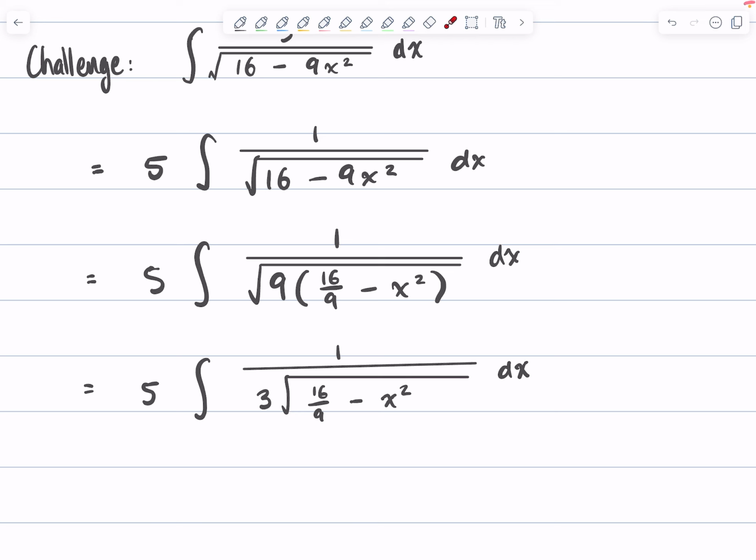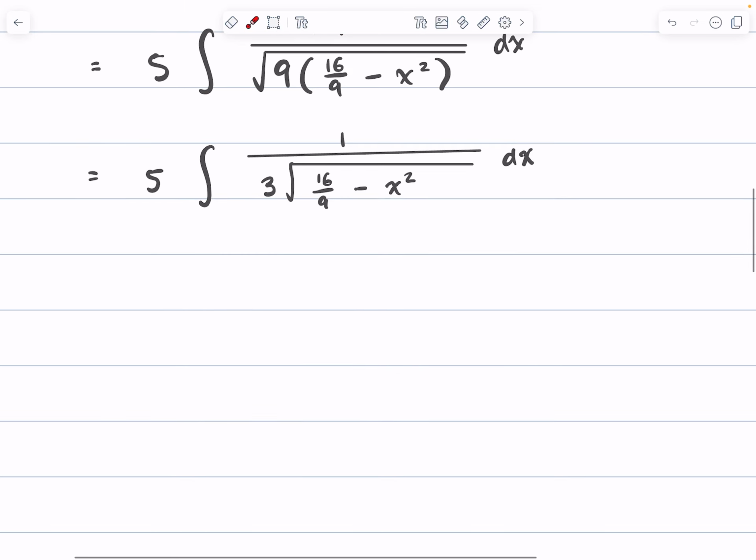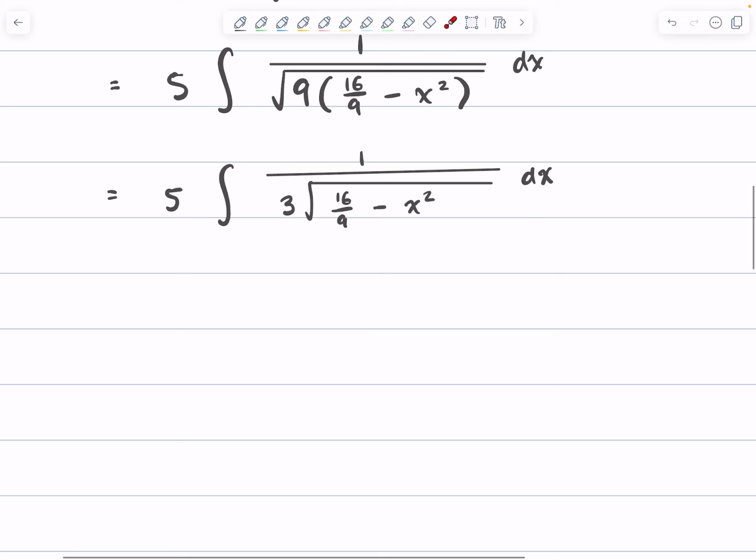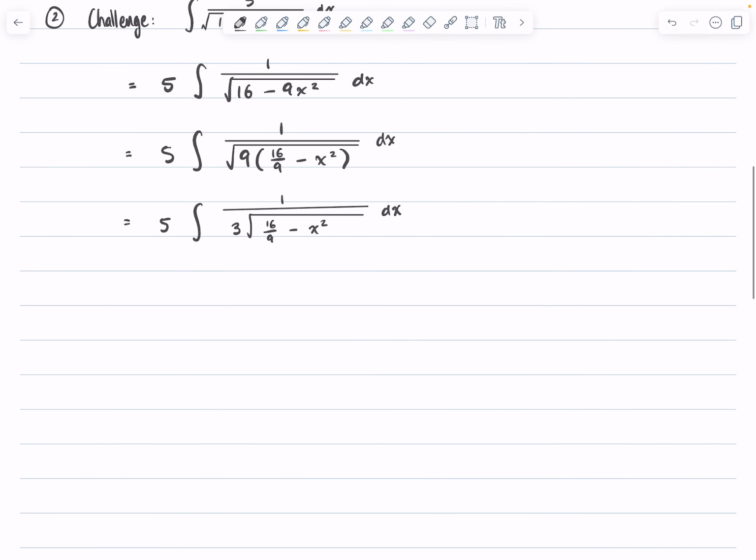In my next line of working, I'm going to pull the 3 out underneath the 5 here. So let me just zoom out a little bit here. I'm going to have 5 on 3 times the square root of 1 on, and as I mentioned, I'm going to be doing every single step just for this video. I wouldn't expect every single step in your assessments, but just keep that in mind.